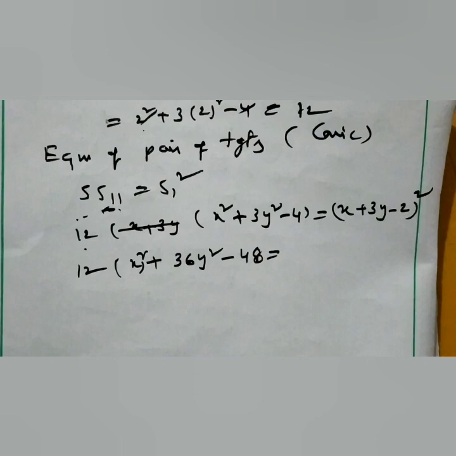This is the conic. Now we need to find the length of the chord AB. So we solve this line equation and this curve equation. So we substitute y is equal to 1 minus x in this equation, or x is equal to 1 minus y.